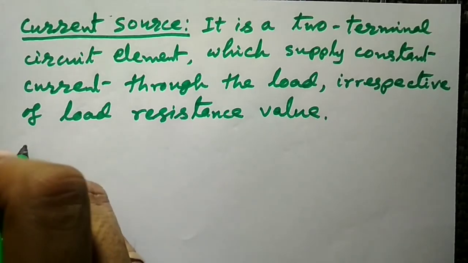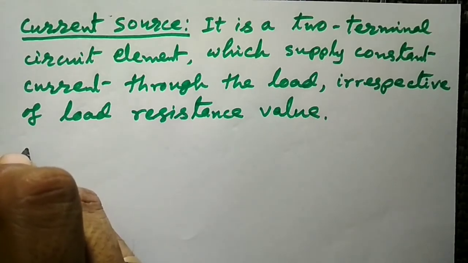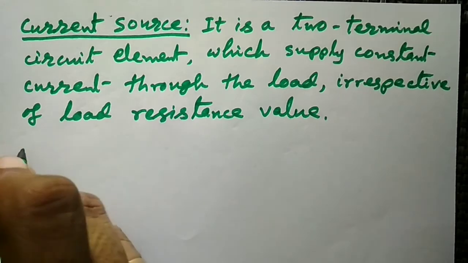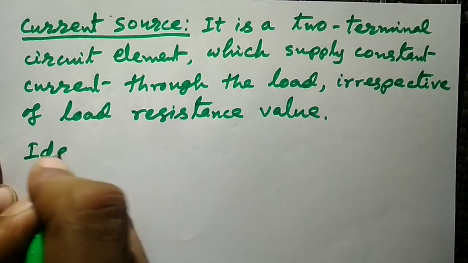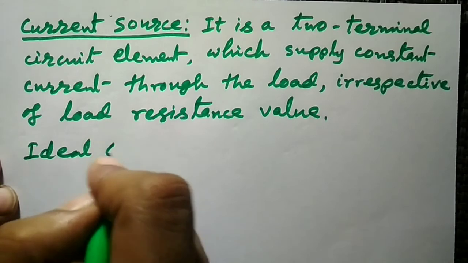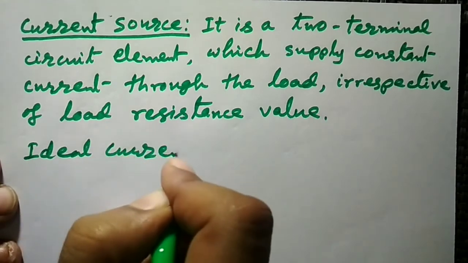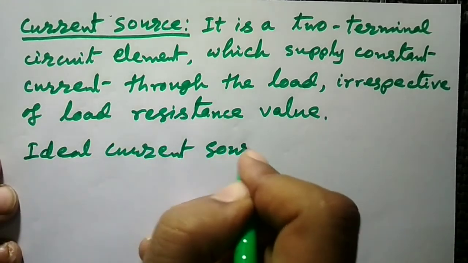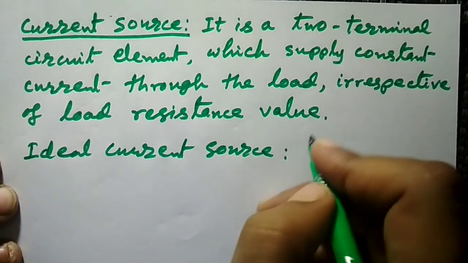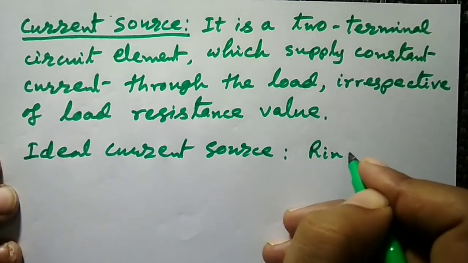In general, the current source has a very high resistance. In the ideal condition, in an ideal current source, the internal resistance is considered as infinity.